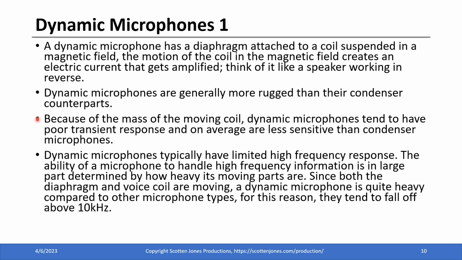Because of the mass of the moving coil, they don't tend to respond to rapid changes as well as a condenser mic, and they're not as sensitive. They don't reach out as far as condenser mics, and they typically have limited high frequency response. Now, there are some very good dynamic mics that have very broad frequency response, but generally speaking, they're not as broad a frequency response as condenser mics.